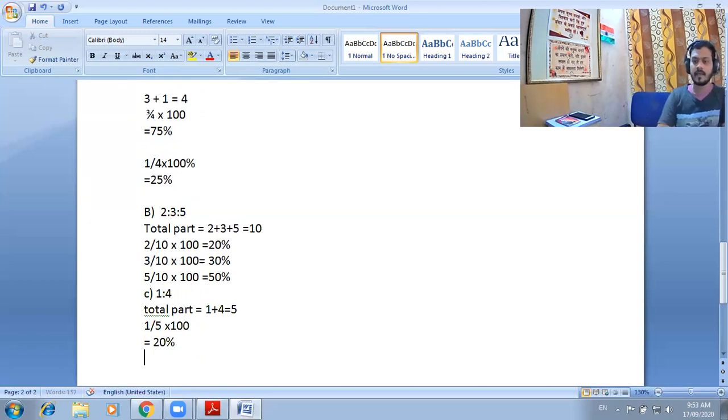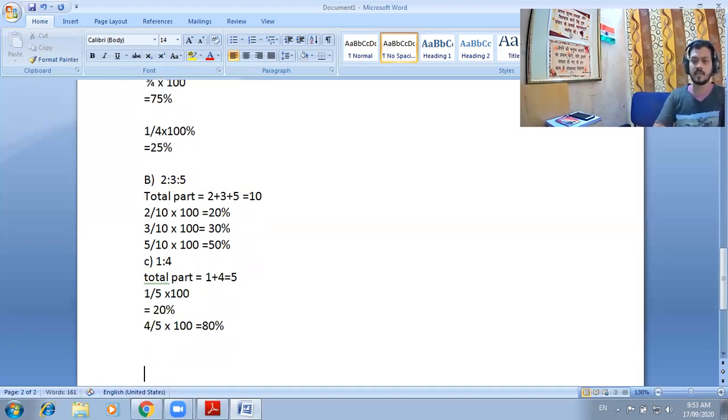Yes. And what is the percentage of 4? So 4 by 5 into 100, 5 to the 10 and 4 to the 8, so 80 percentage. Again, 80 plus 20 equal to 100. So we can confirm that our answer is right. It is necessary to check whether our answer is true or false.